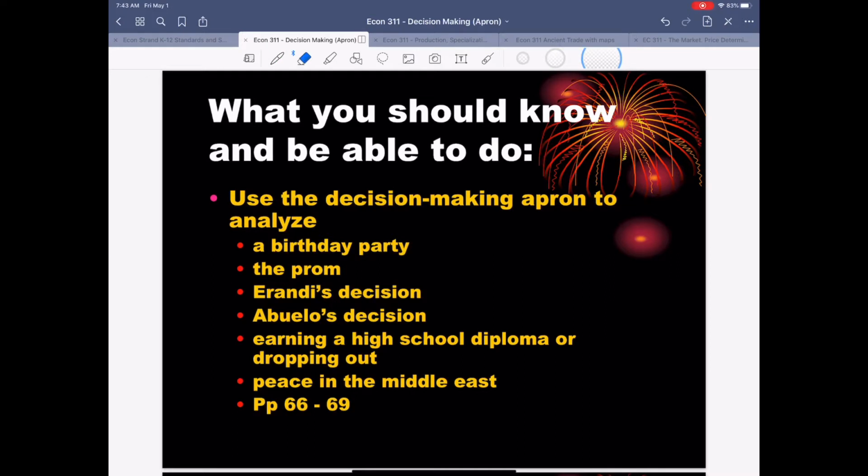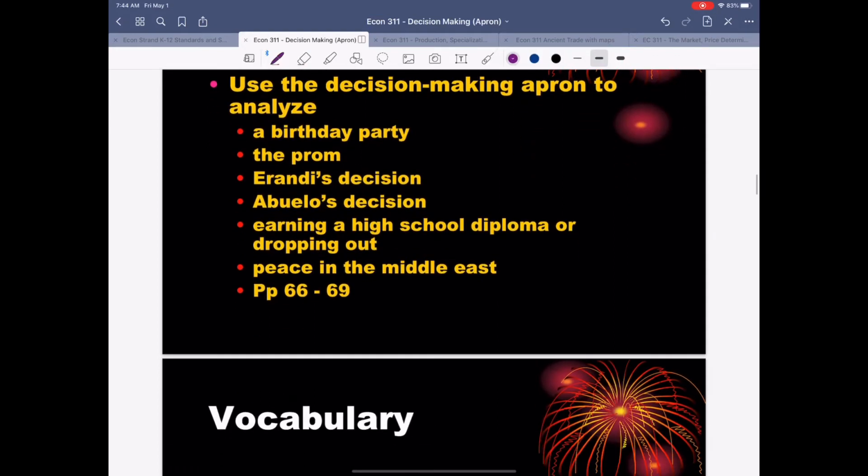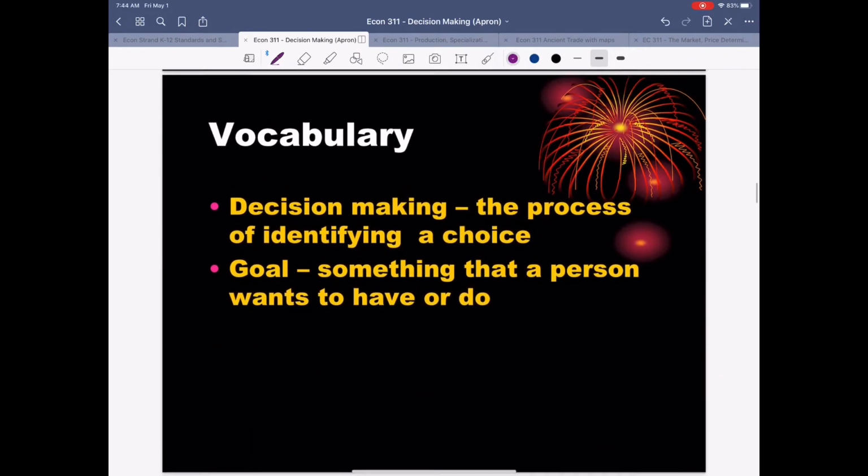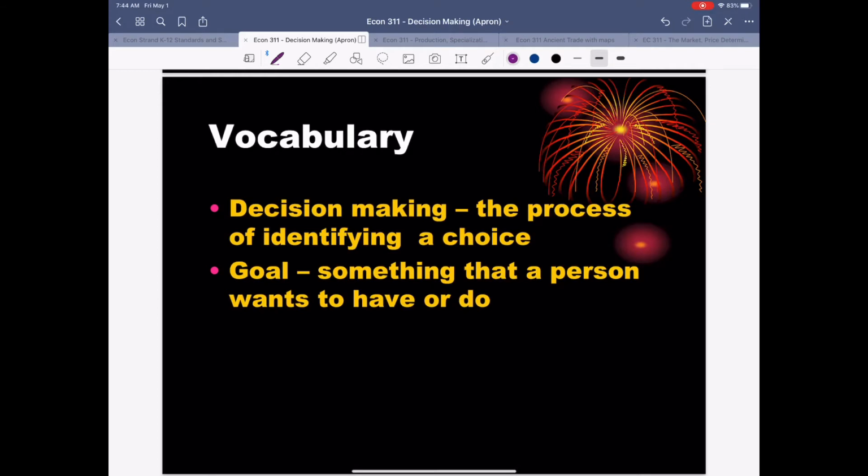In our lesson, we're going to learn how to use the decision-making apron to analyze different decisions that a student might make and analyze the decisions that characters in various stories make. The stories that you're going to see are going to be attached in Blackboard if you're looking for those.